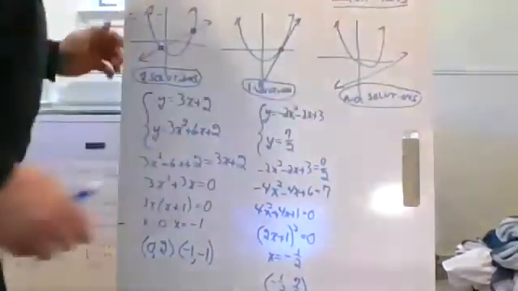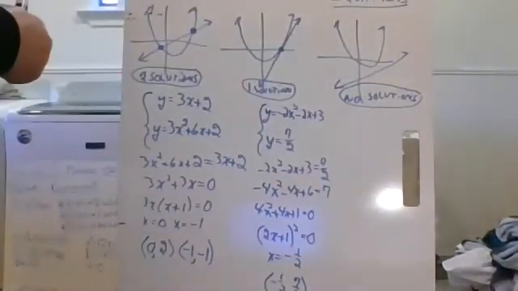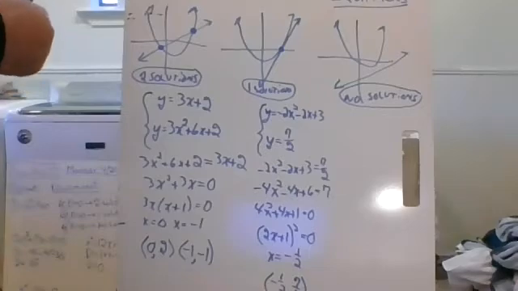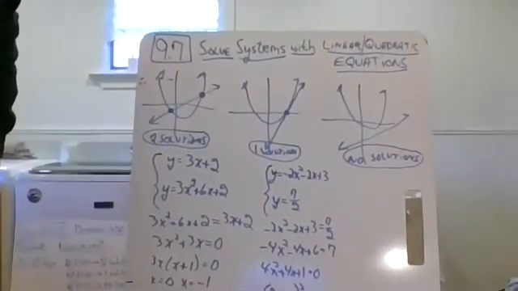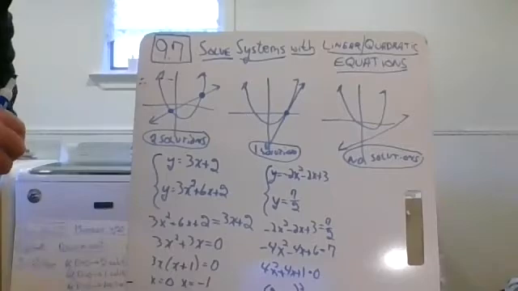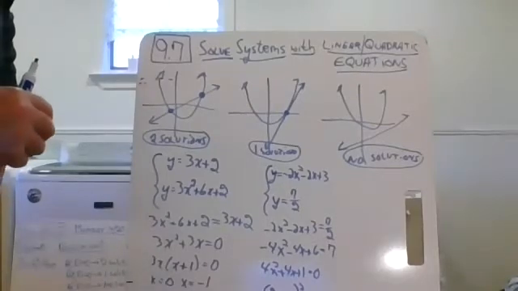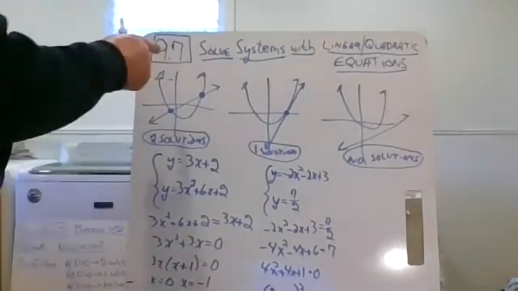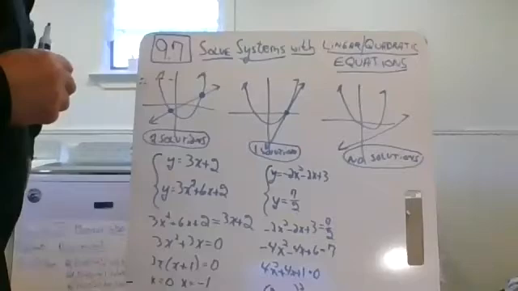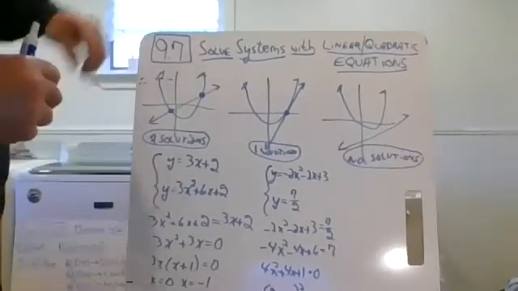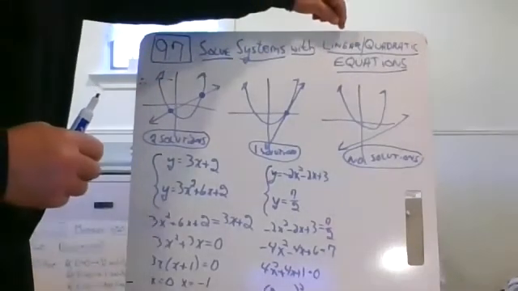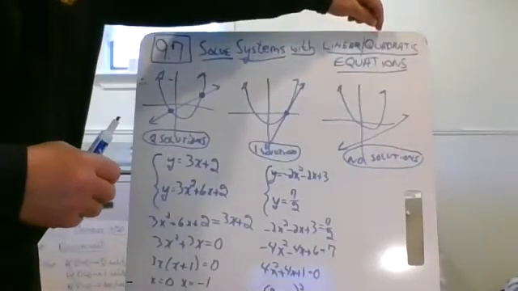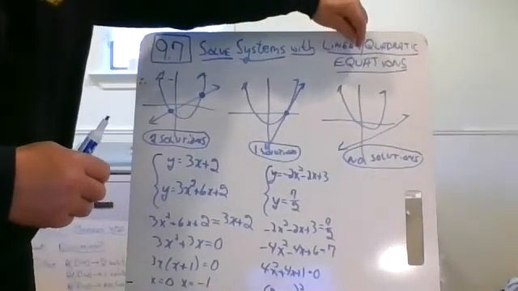Okay, now get your notebook there. That material should have still been with 9.6. Now we start the next section. The last section we're going to cover, 9.7, and it is solve systems with linear/quadratic equations.